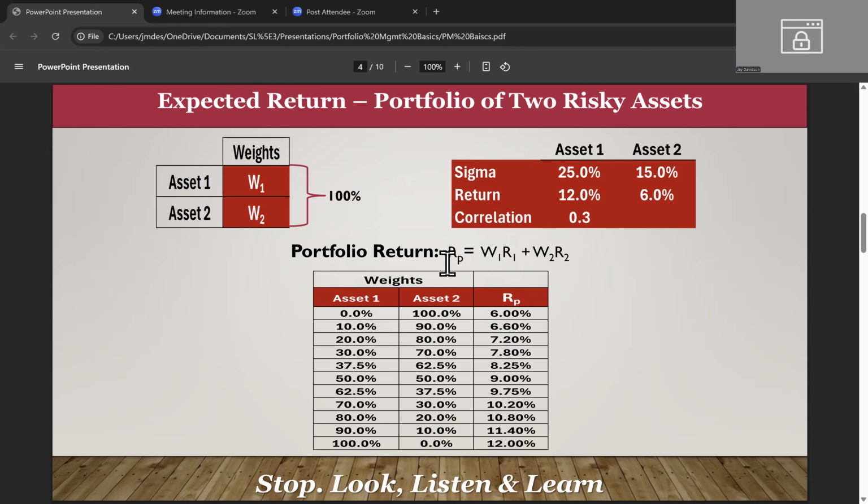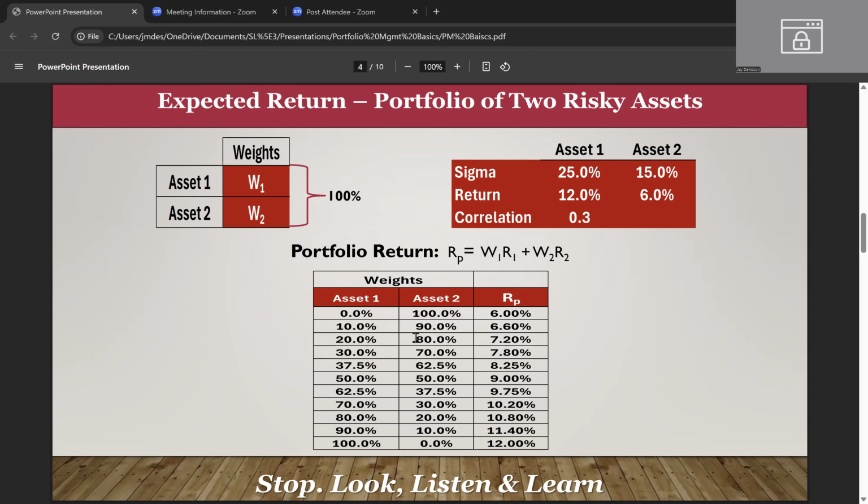And let's further assume that asset one produces a 12% return and asset two produces a 6% return, right? So in that case, to determine what the return of the portfolio would be, we would take the weight of asset one, which would be 20%, and multiply that by the return that asset one produced, which would be 12% in this case.